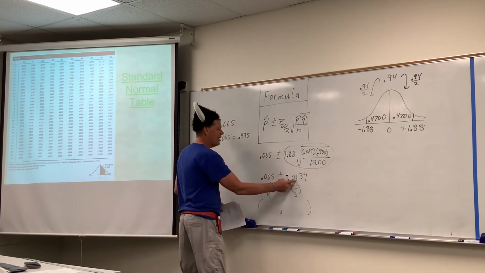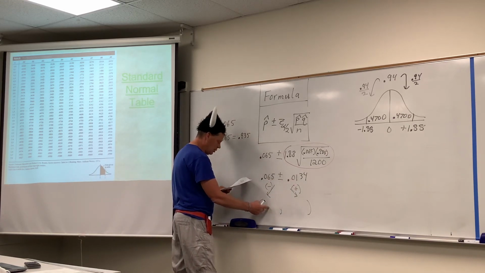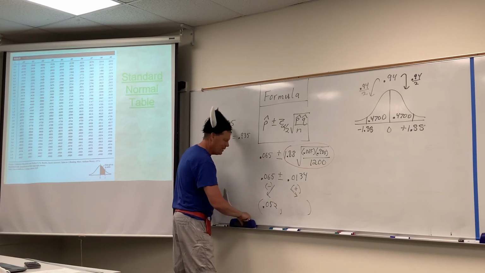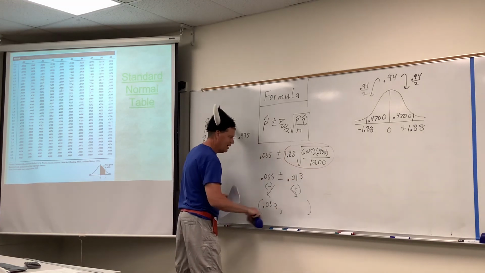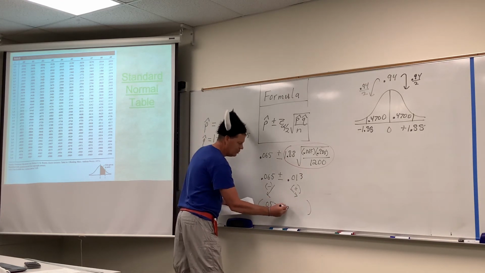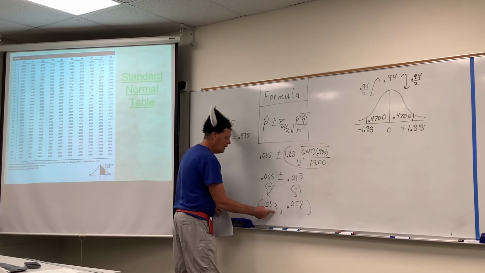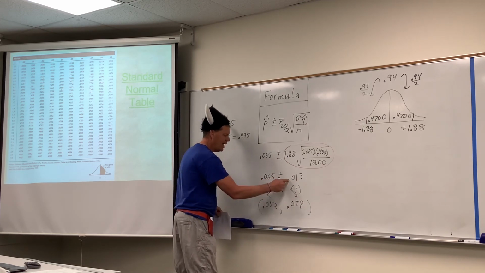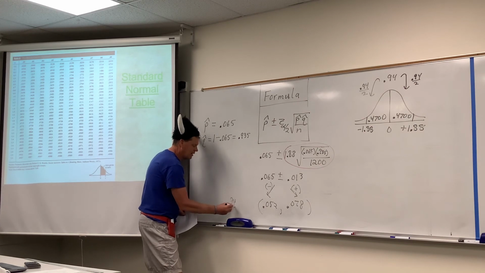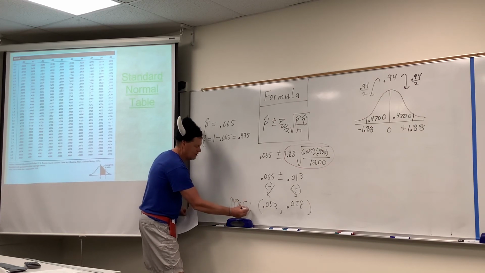When you subtract that margin of error from here, you'll get the lower end of your estimate. I won't make a big deal about how many decimals you keep. If you subtract that, it's here. If you add that, it's here. Lower, upper. Let's get used to putting the fact that we used 94% to develop this.